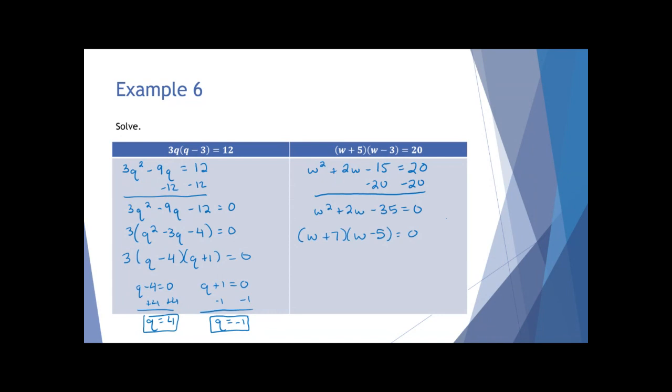So 7w minus 5w gets me my 2w. Then I set each factor equal to 0. So I have w plus 7 equals 0, w minus 5 equal to 0. I subtract 7 from the first equation and get w equals negative 7. And then I add 5 in the second equation, and I get w equals 5.